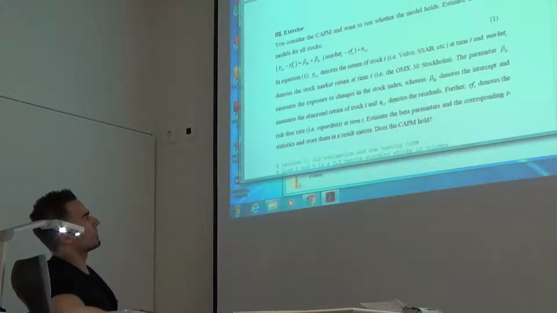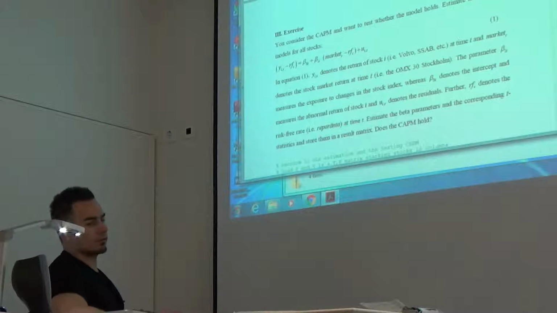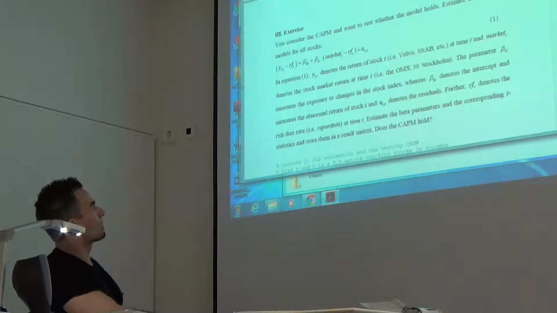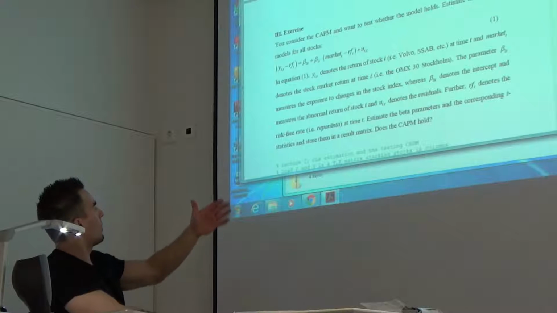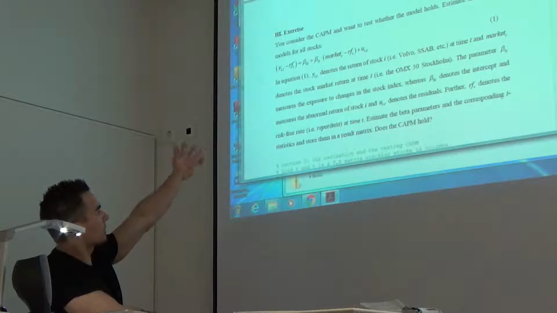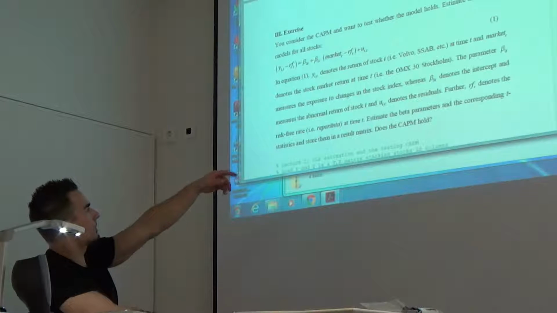Again, in our sample you know already what stocks we have, Swedish stocks like Volvo, SSAB and all this stuff. As market factor, we use the OMX 30 index, like in the previous exercise. That's nothing new. Parameter beta 1 is the market exposure, the sensitivity against the stock market.